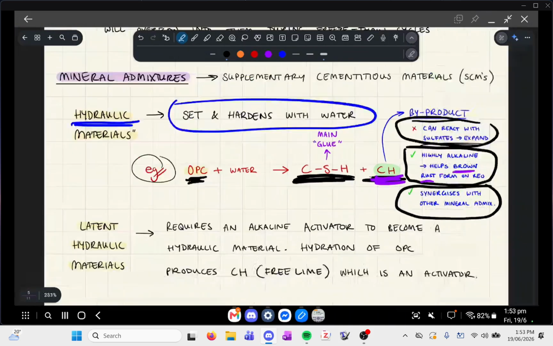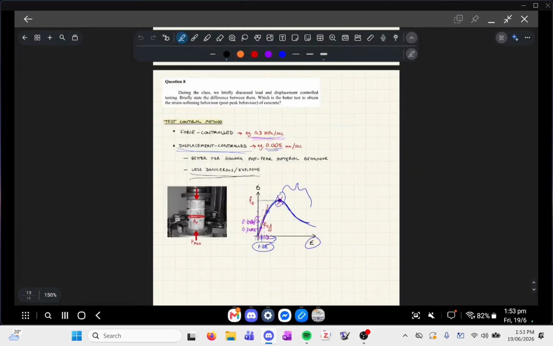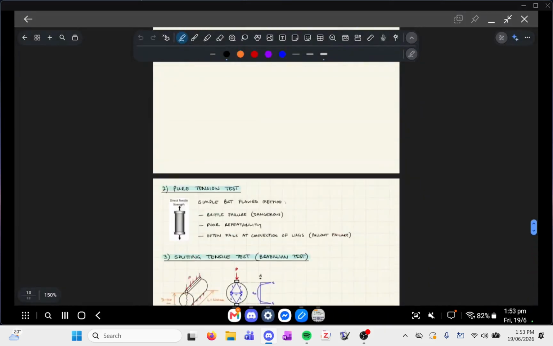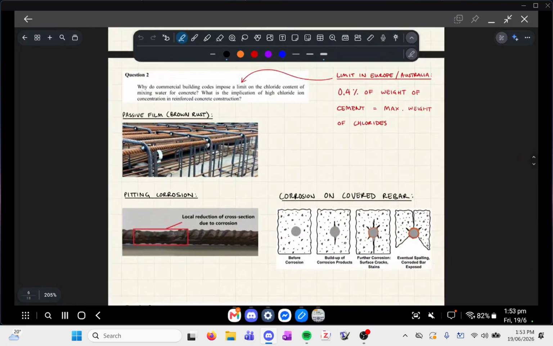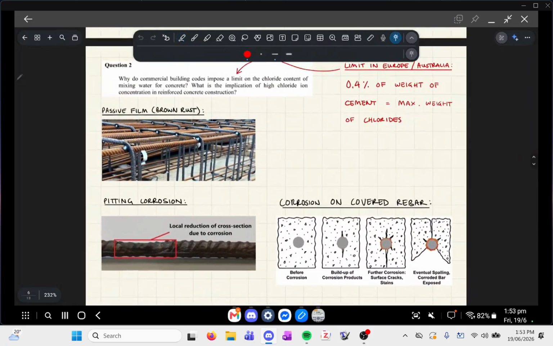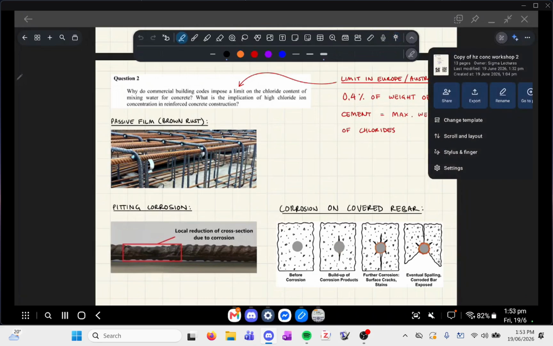Oh, right. It helps if I bring up the previous week's stuff. Okay, so to recap. Essentially, there's two types of corrosion, okay?